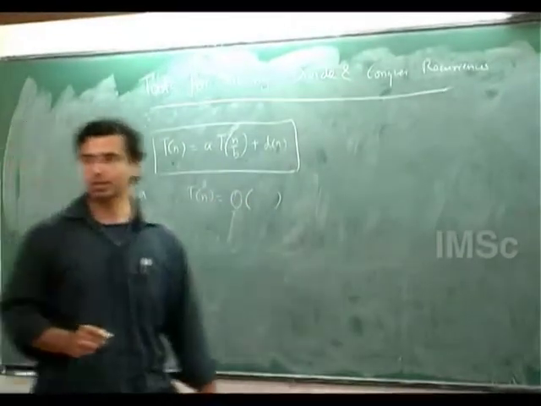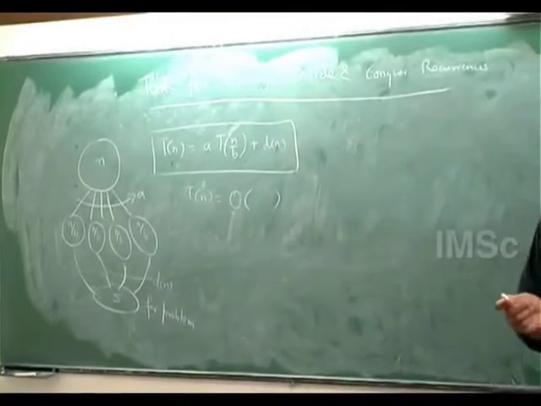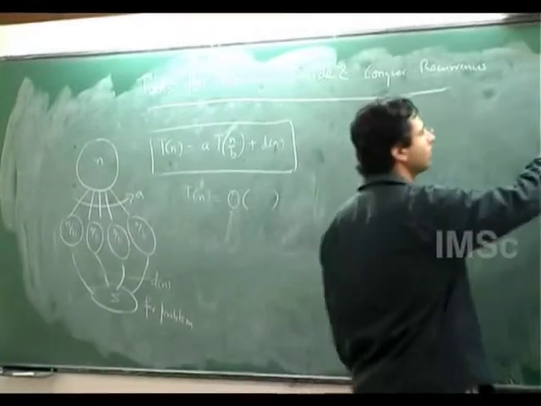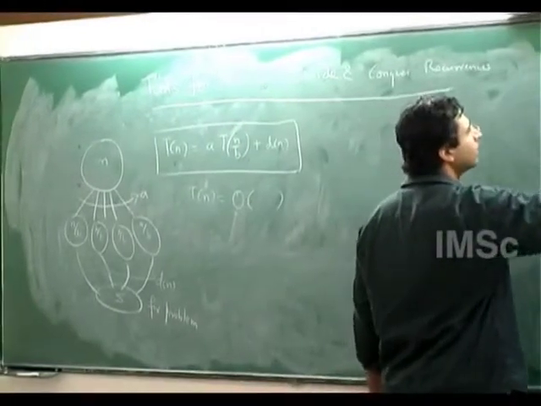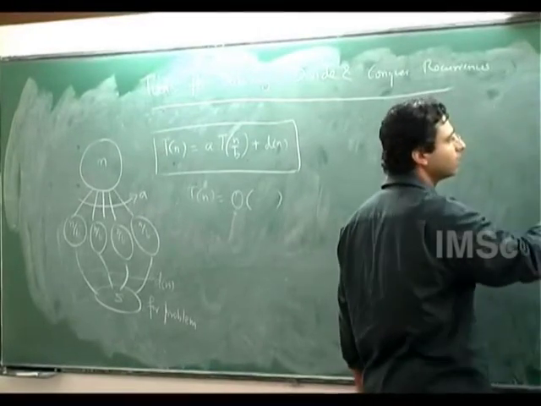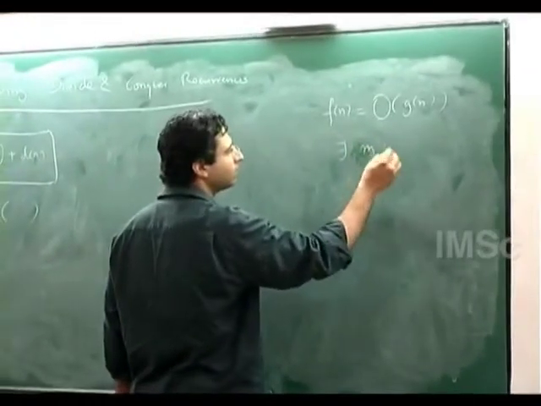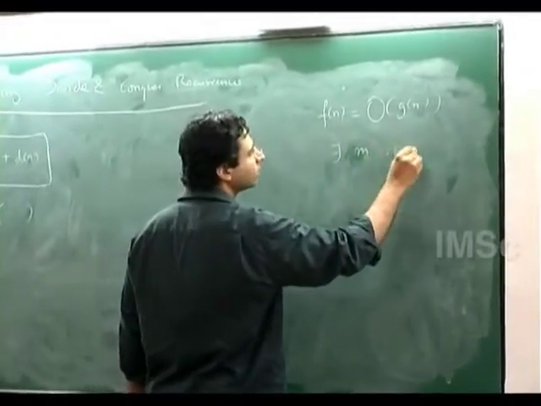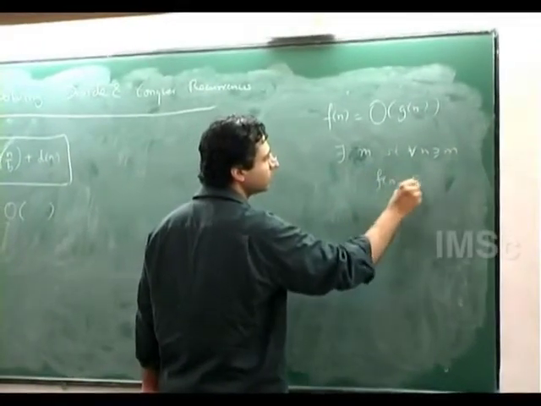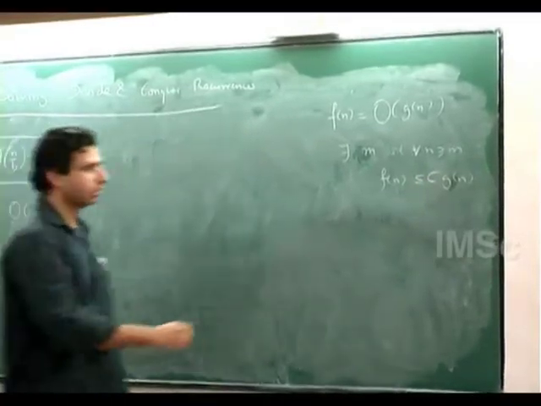This big O notation, is everyone familiar with the big O notation? So big O notation says, if I say some function f of n is big O of some other function g of n, that means there exists some number m large enough such that for all n beyond this number m, f of n is less than some constant times g of n.